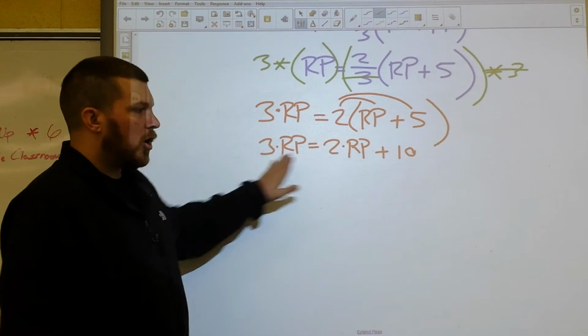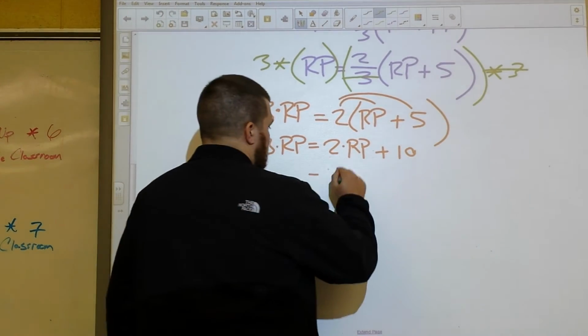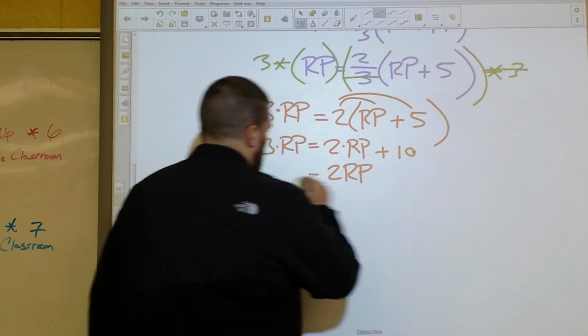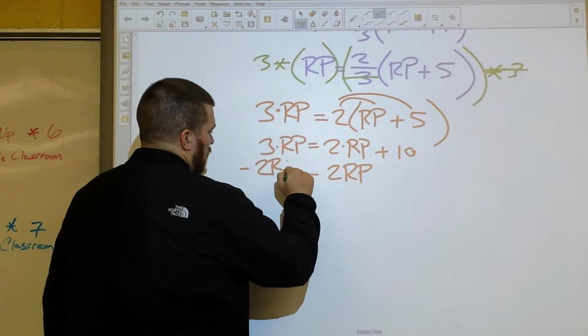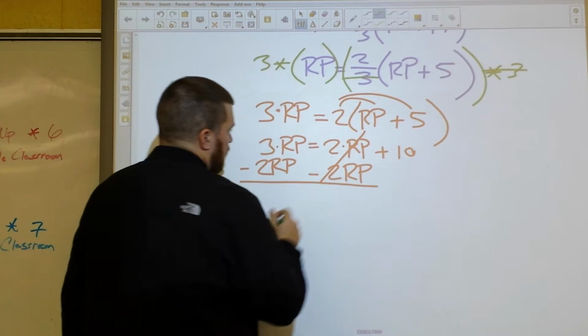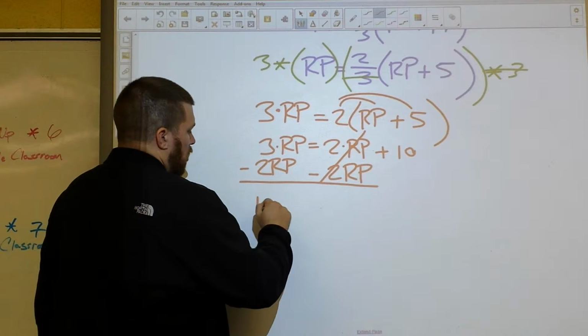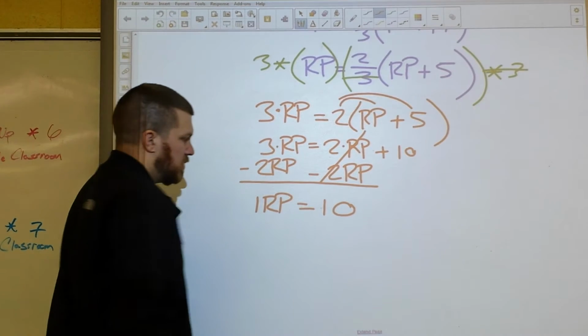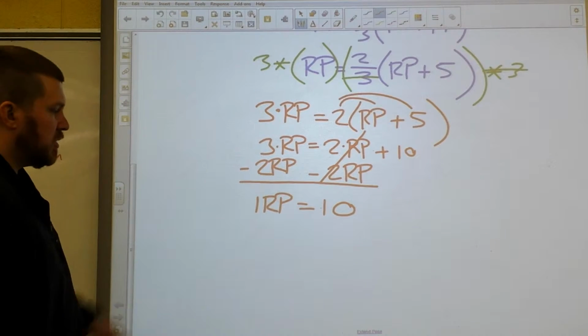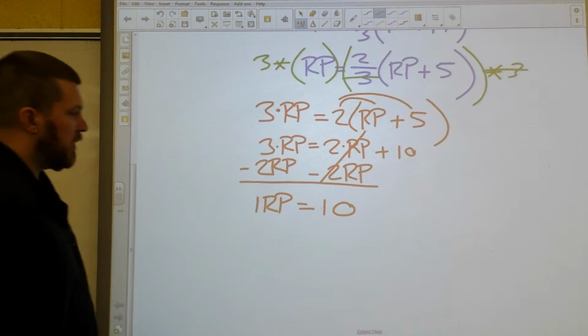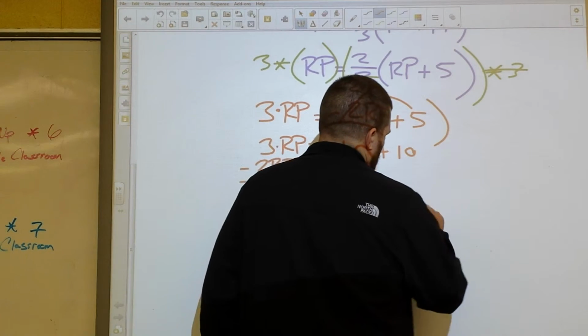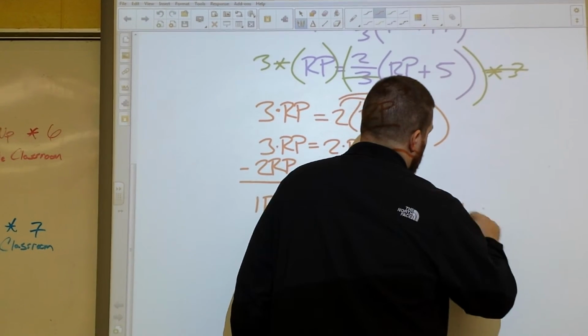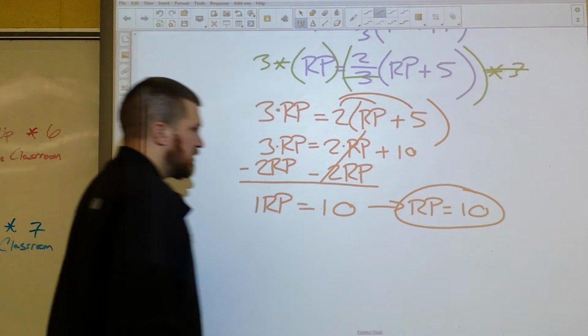Now I want to get my RPs on the same side, so I'm going to subtract 2 RP from both sides. Those cancel out, so I have 1 RP is equal to 10. I can get RP by itself by dividing by 1, which just means RP is equal to 10. That's one of the things I was asked to find.